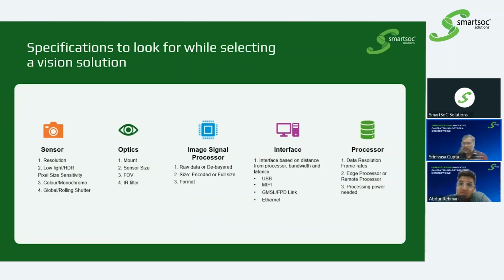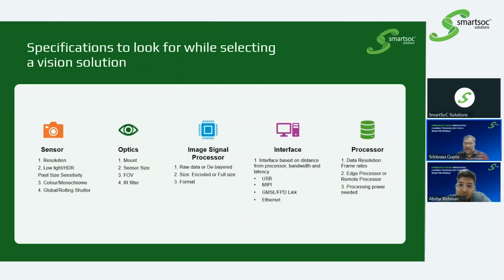Then color and monochrome. Monochrome is the one where you will have the majority of the information, and the depth of any image will tell you about the entire scenario. But for a human, color is important. If you are using it for an industrial application, monochrome is better, where you can take a decision based on what the video captured. That is good enough.